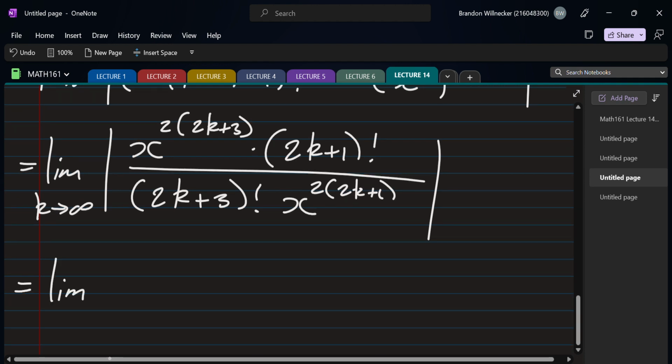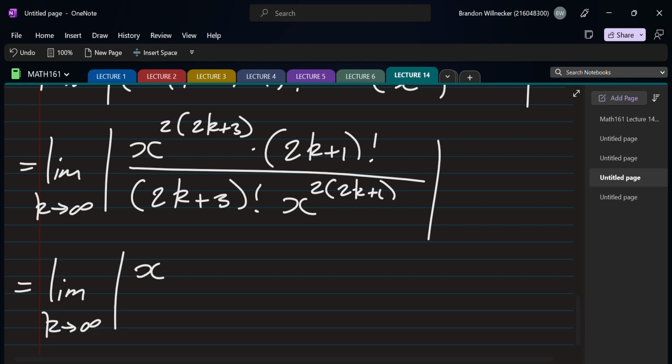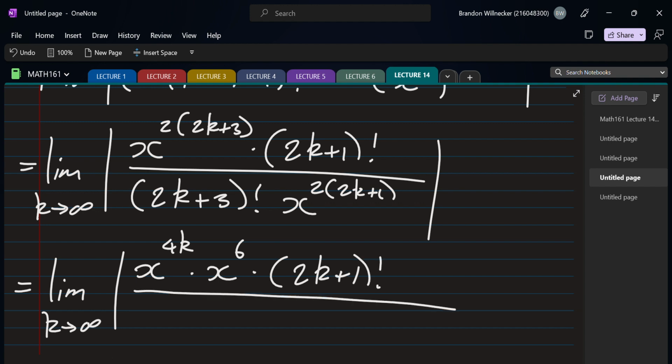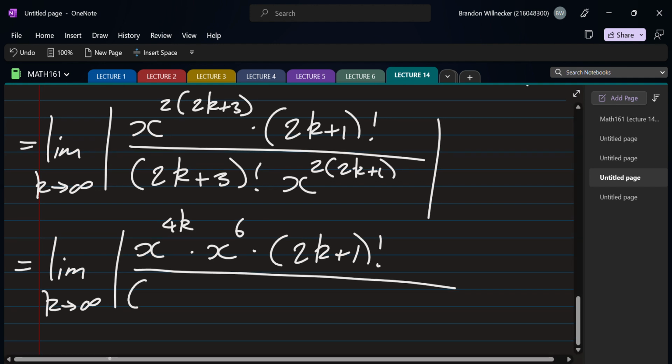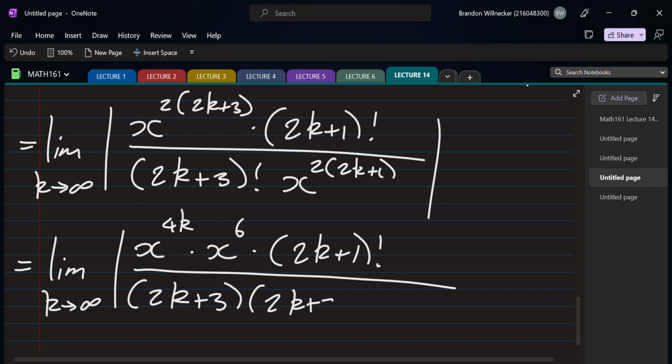Okay, so now we can distribute everything. So this will be limit k goes to infinity, x to the 4k, and then x to the 6. Okay, and then 2k plus 1 factorial, we can leave it like that. 2k plus 3 factorial, we want it to be like that 2k plus 1. So we'll start off with 2k plus 3, and then 2k plus 2, and then 2k plus 1 factorial.